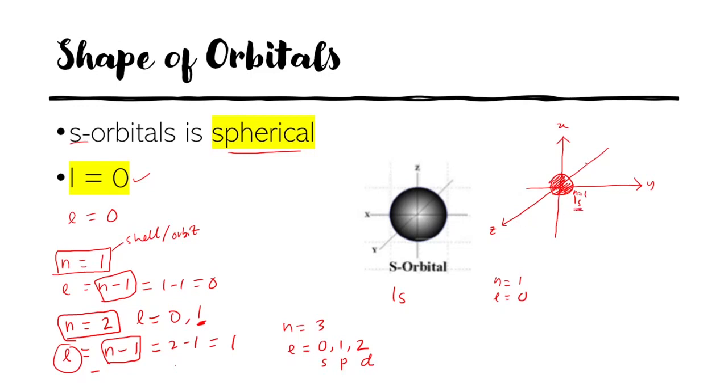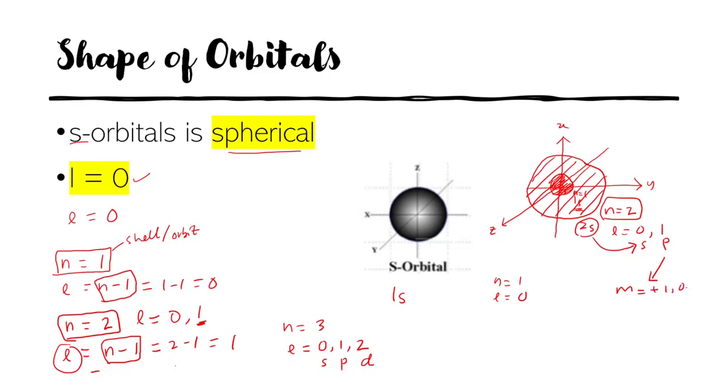Now a bigger orbit here. This bigger orbit is n equals to 2. This is orbital 2s. But inside the orbit of n equals to 2, when L equals to 0, you can also have 1, right? So this is orbital S, and this is orbital P. Orbital P, if you relate to M, will be positive 1, 0, and negative 1, right?